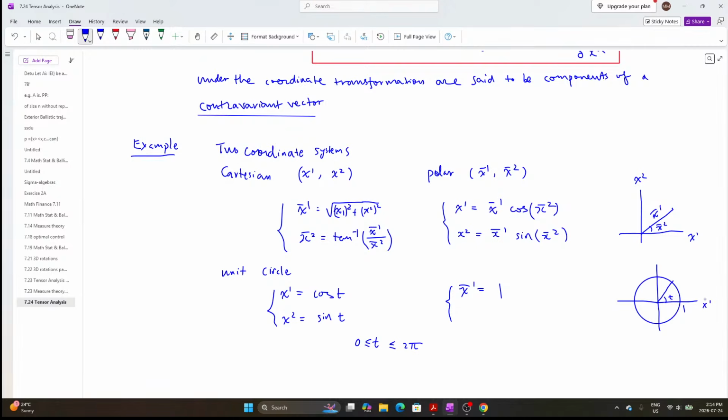This is x1, this is x2. So t has a meaning here, and you can just read from the picture that x bar 2 is just t. Of course, x bar 2 in general is multiple valued, but we're just going to define x bar 2 equals t.